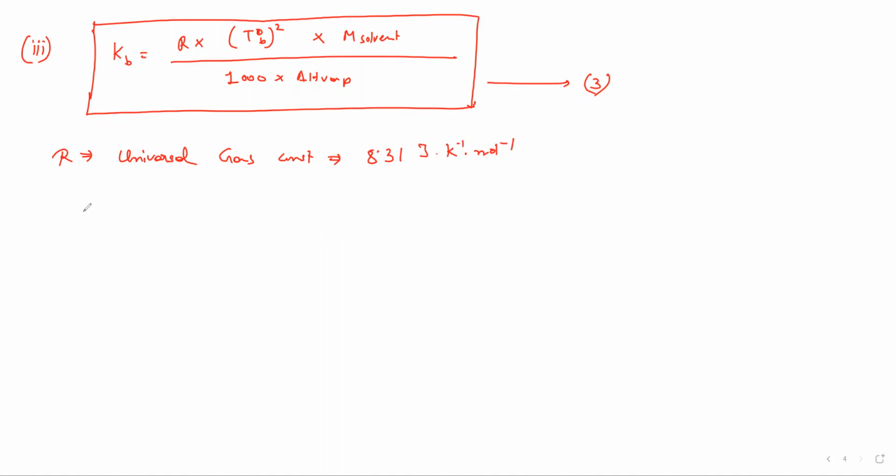Okay. Next, what is ΔHvap? ΔHvap, this value is in joule, and it is the molar heat of vaporization. Now, what is M of solvent, which is the molar mass of solvent?